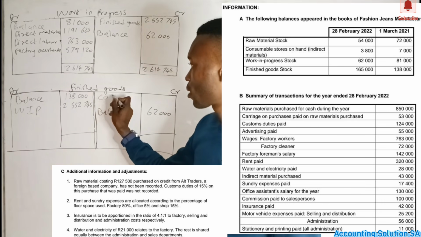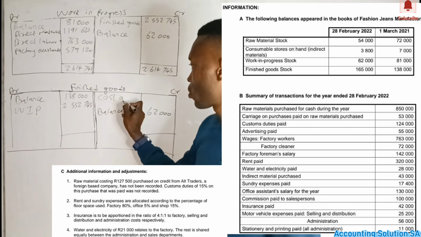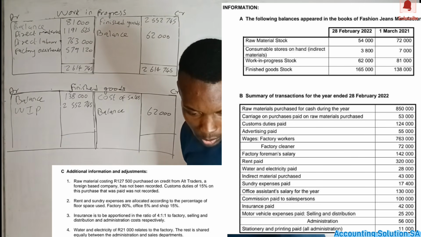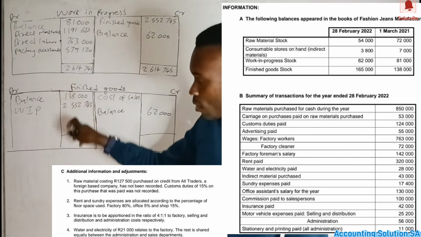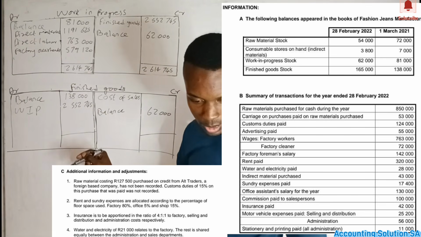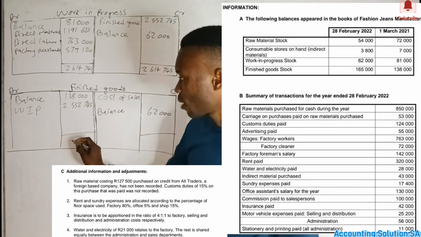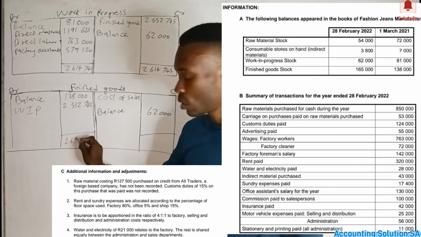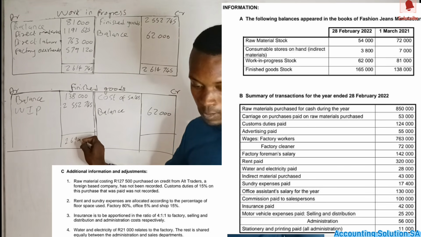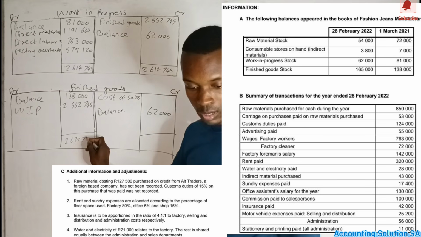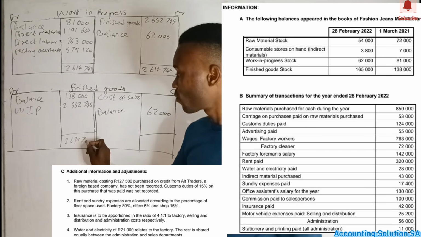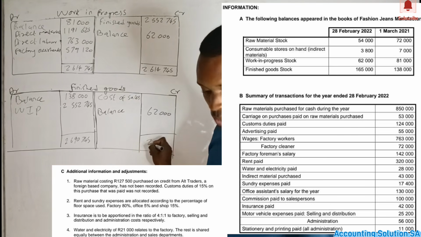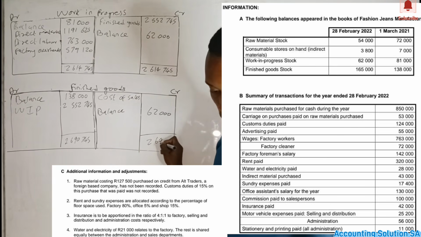Which means that from there, now we can calculate a balance here, so that we can get our cost of sales. Okay, which means that we're gonna add everything here, and it is gonna give us an amount of 2,690,745. Even this side, 2,690,745.